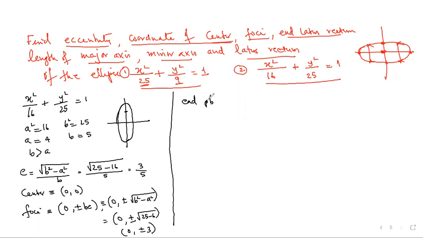Endpoints of the latus rectum. Remember? Plus or minus a square upon b, comma b. Very good. Okay, I'll take first b, then minus b. And plus or minus a square upon b, minus b.